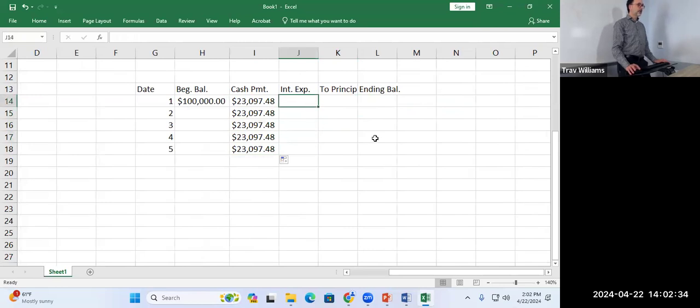All right, so if we have a 5% interest rate and we borrowed $100,000, how much interest are we going to have in the first year? 5,000. You got it. And if this was the amount of our payment, and 5,000 went to interest, the difference is how much went towards the principal.